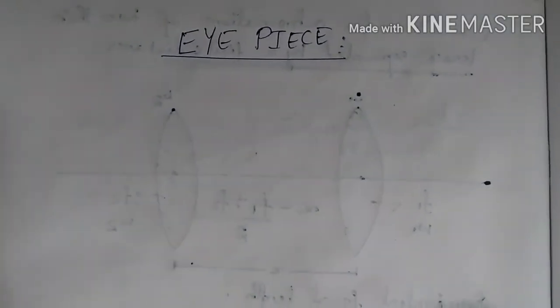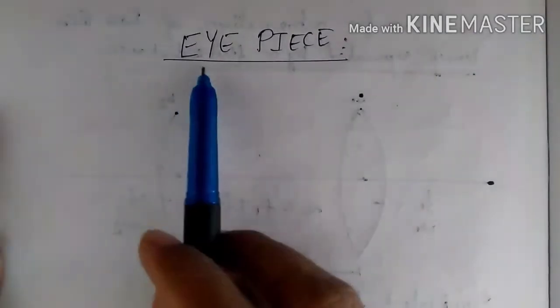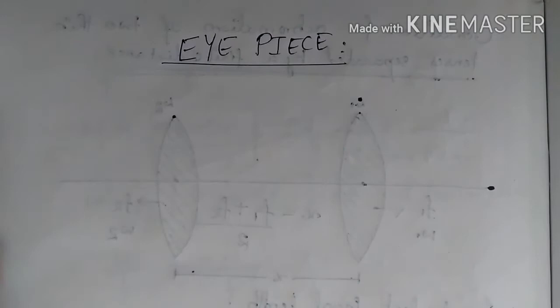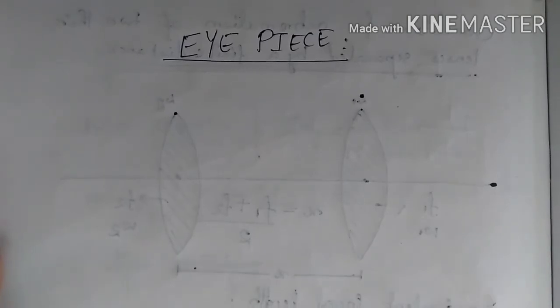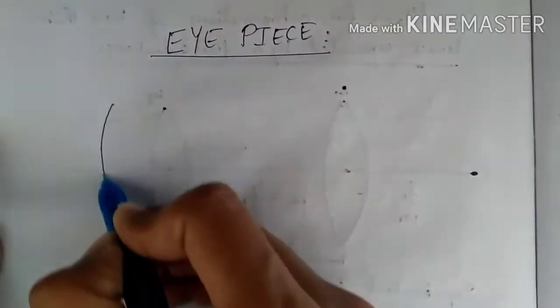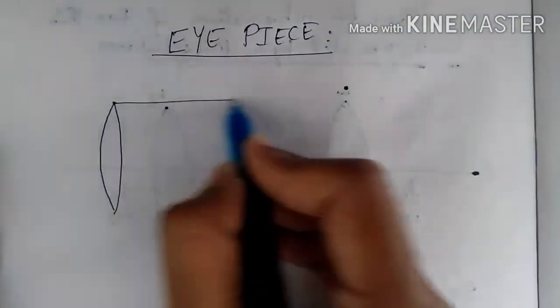So here we have to learn what is an eyepiece. So before jumping into this section, let us learn what will be the arrangement of object lens and eye lens in a microscope or a telescope. So object lens and eye lens will be arranged something like this.